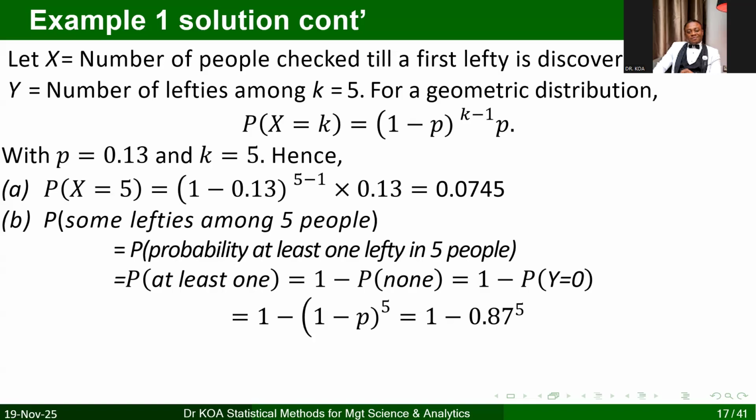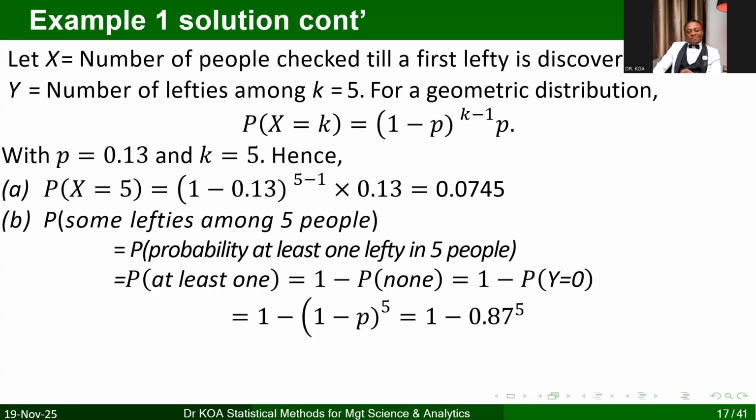You mean 1 minus to the power 0.13? Yes. Doc, the raised to the power is where I'm having an issue. If I make the K to be 0, we are going to have raised to the power -1. Yeah, but why will you raise K to the 0? K is still 5.